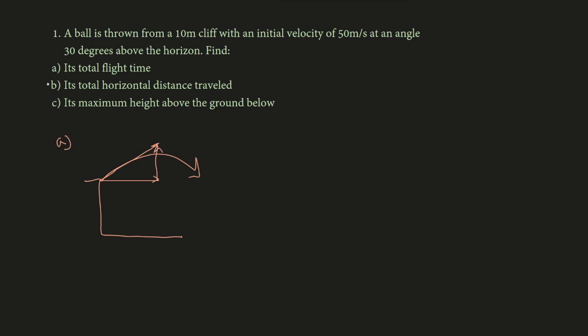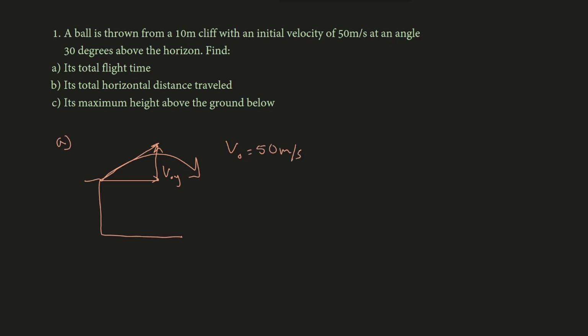So if we want to find total flight time, the only thing that we need to consider is its vertical velocity. So it's v0 of y, the initial y velocity. Well, you might be asking, how can we find this? Well, we know its initial total velocity to be 50 meters per second, right?